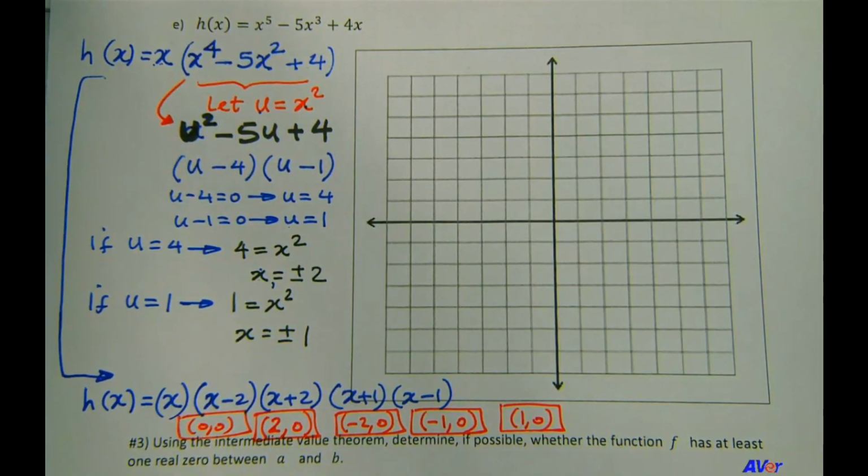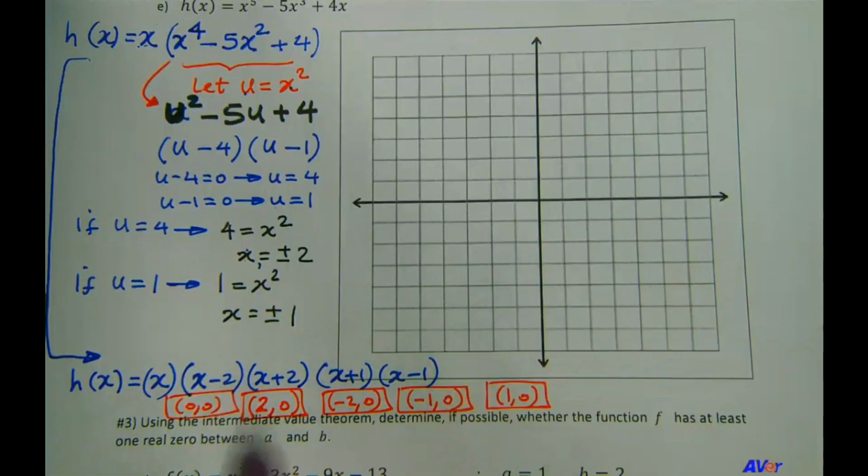We used factoring by grouping in one of these lessons, and here we're using the U substitution method. So please be aware that all of the previous skills that we've learned can come up anytime, and we need to be ready to access them. The only way to do that is to refresh our mind regularly each week. It only takes half an hour a week to refresh your mind about the previous material.